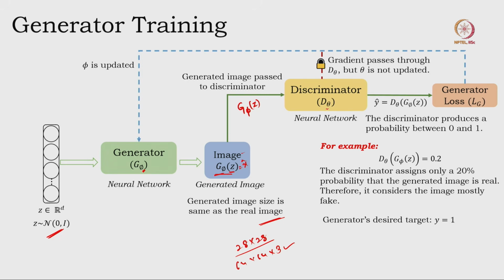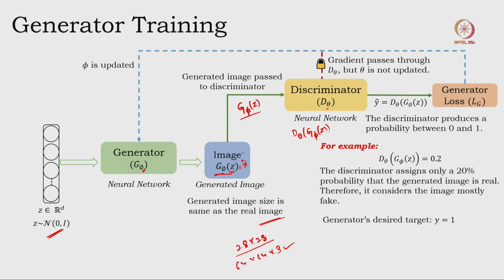So, what is the input you are passing to the discriminator? The generated image is what is being passed to the discriminator, and here theta represents the parameters.